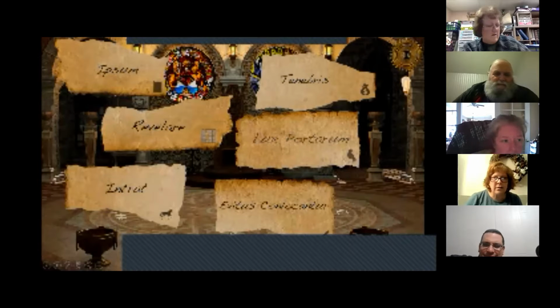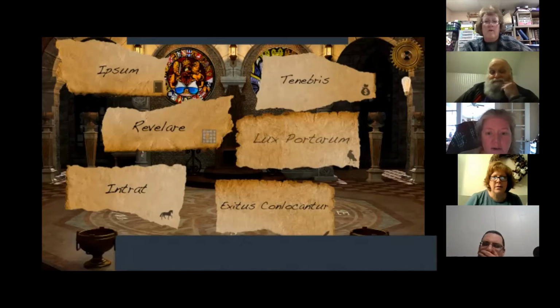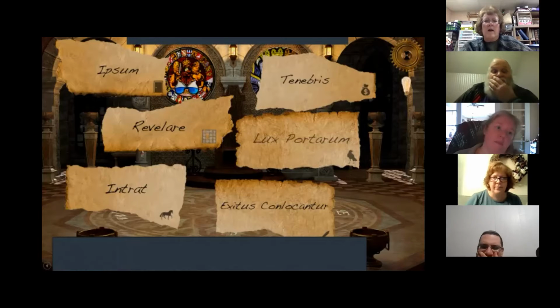They don't drag, but if you tell me what order you want them to go in, if you get the order right, we can move them there. How about the lower right goes to the upper right? I'm looking at the edges of the parchment. This one here? Yep. It goes straight up to the top. And I think the one above that one, the Lux Portarum, is the left top. Yeah. I agree.